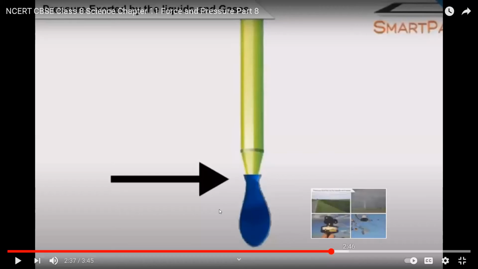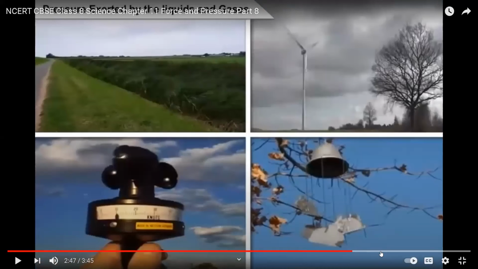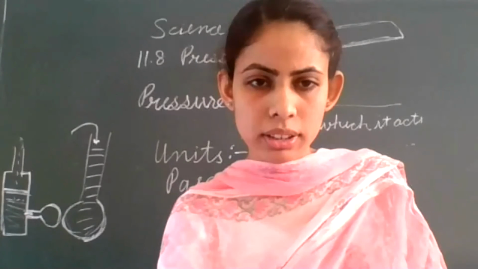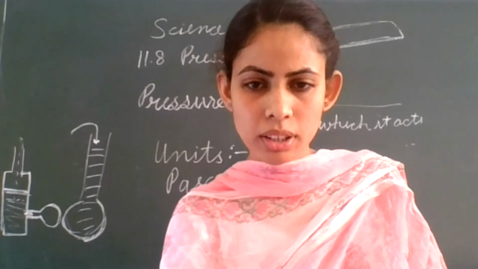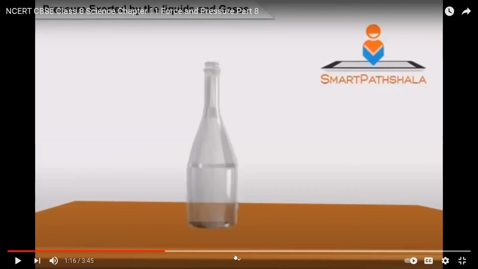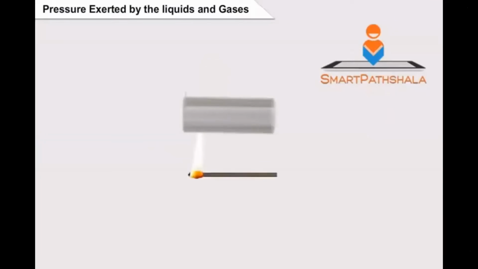Now see, in this activity, what we will do is take a plastic bottle and a glass tube, heat it slightly and insert it near the bottom of the bottle.